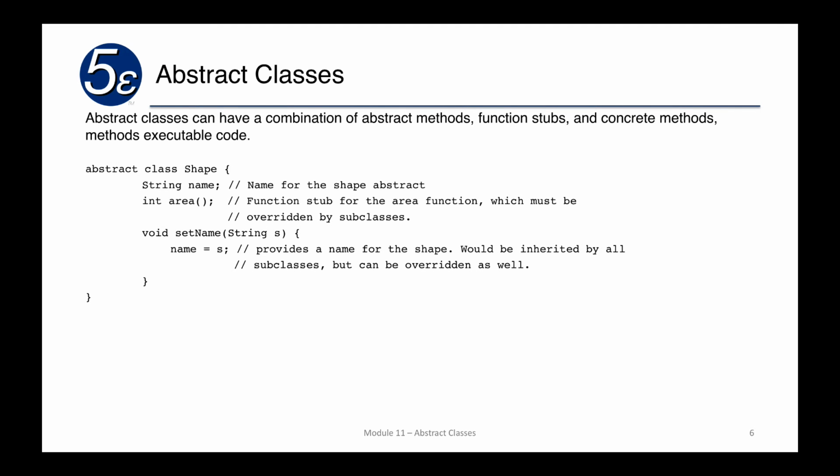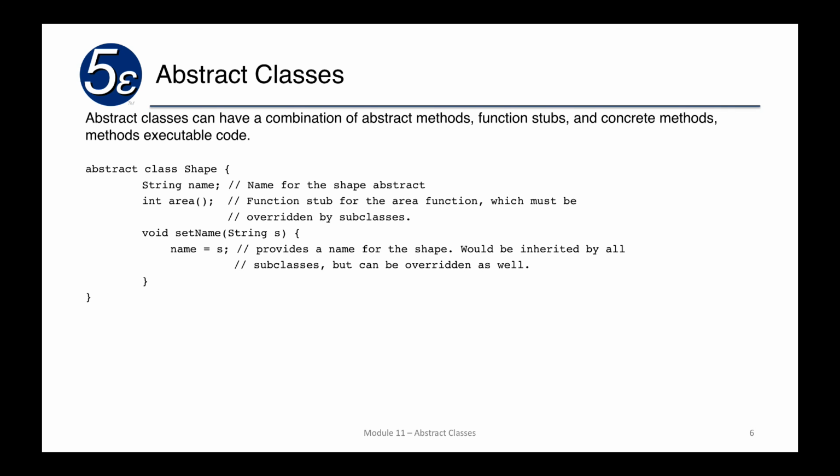Abstract classes can also have a combination of abstract methods and concrete methods. Those methods are executable code. So for example, I may have a variable called string name, and this would be a name for the shape. Here's my function stub, the abstract method, but then I may also provide a method that sets the name of the shape, and it doesn't have to be rectangle, it could be shape number 64.